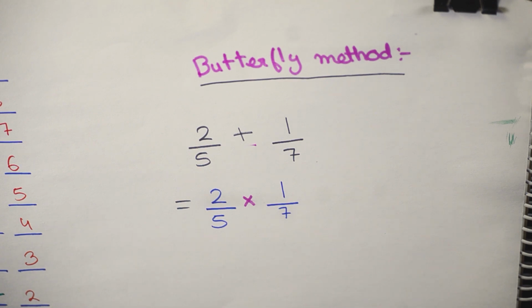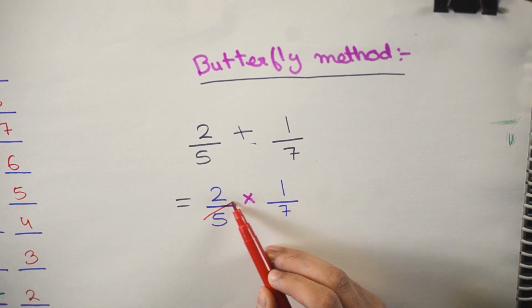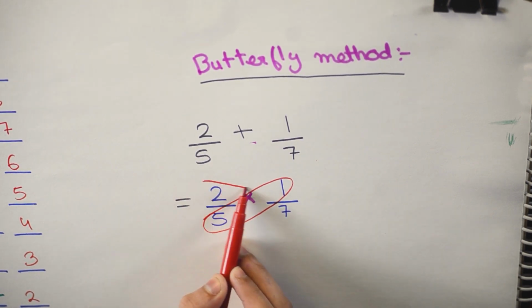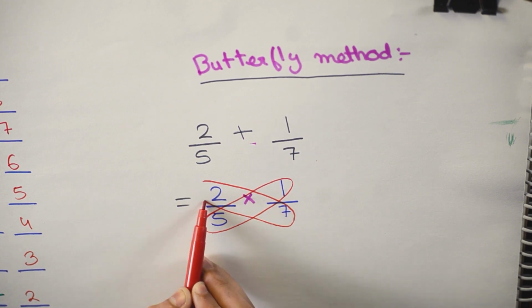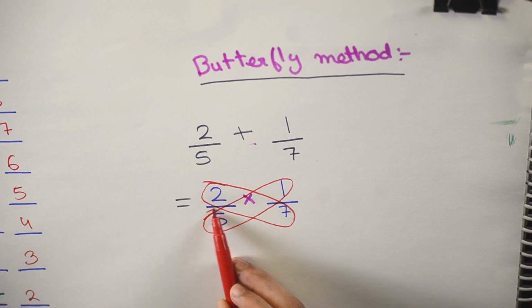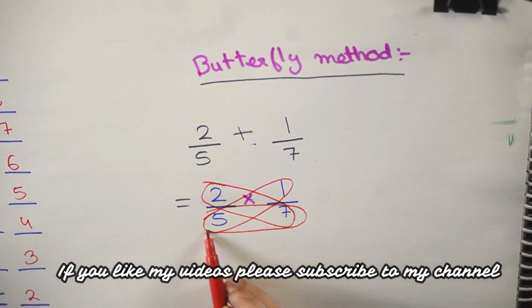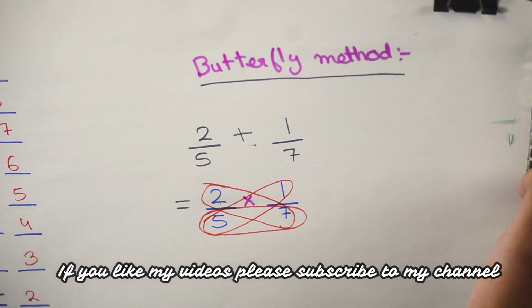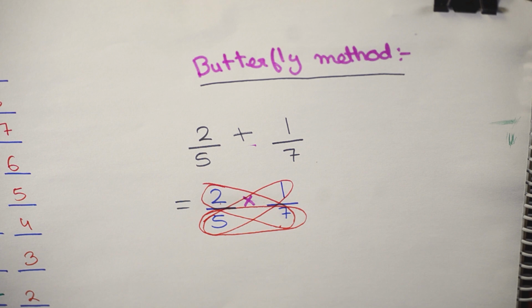So what we are going to basically do is that we are going to cross multiply these ones and these ones. And we are going to multiply the denominators, which are these ones. So for 2 and 7, it will come as 14.